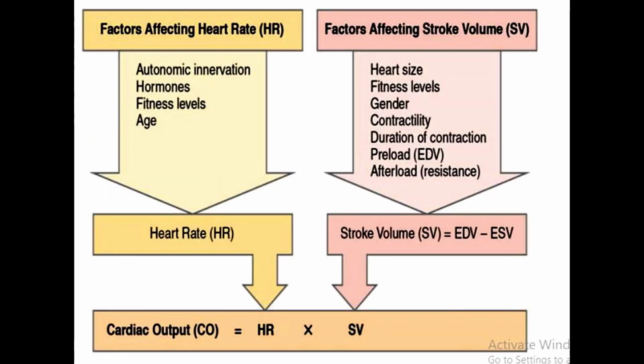The venous return depends upon five factors: respiratory pump, muscle pump, gravity, venous pressure, and sympathetic tone. Respiratory pump is the respiratory activity that helps the return of blood to the heart during inspiration. During inspiration, the thoracic cavity expands and makes the intrathoracic pressure more negative.